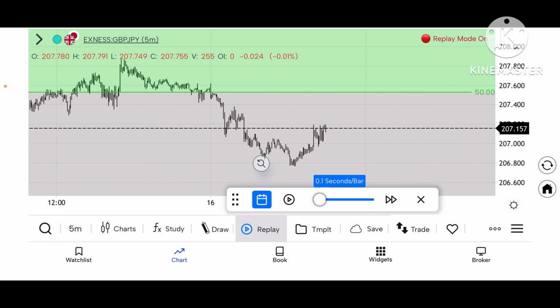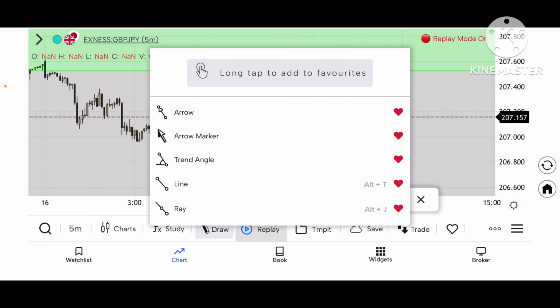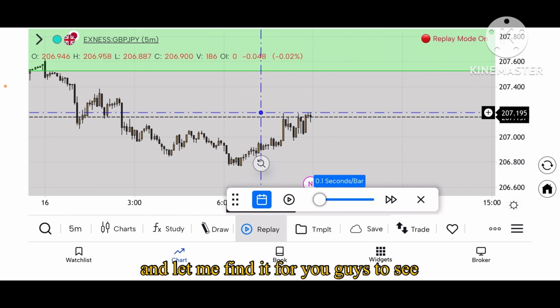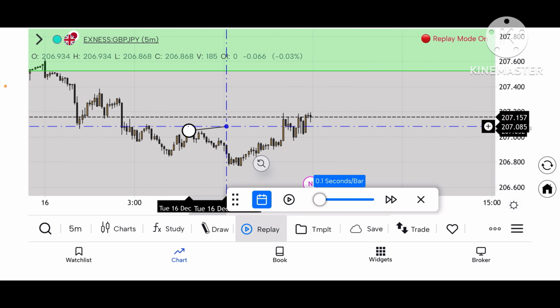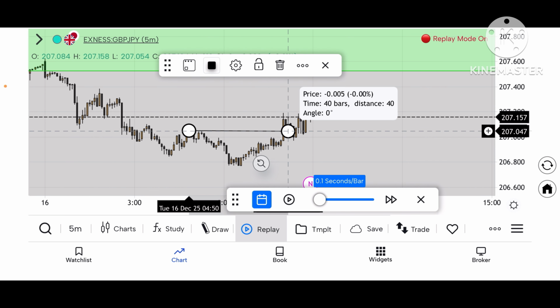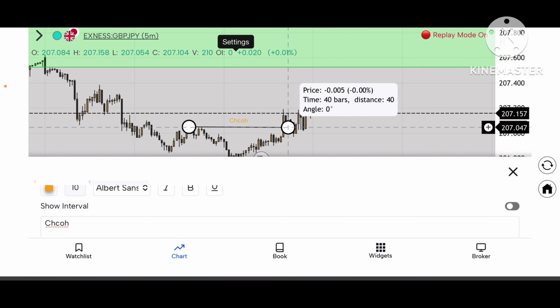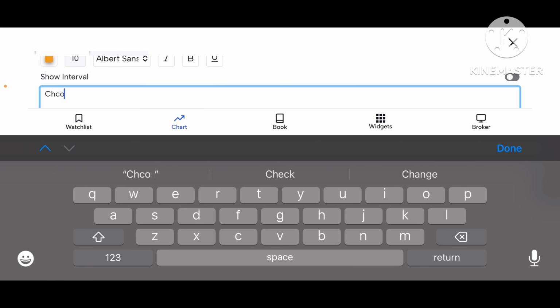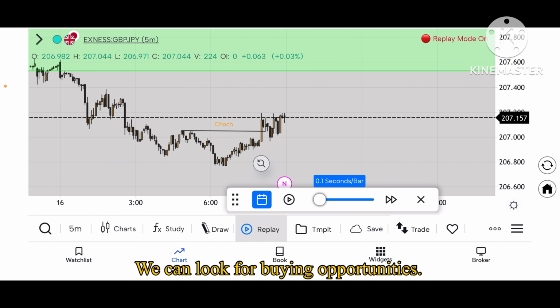So we finally found our change of character here, and let me identify it for you guys to see. Found it here. We can look for buying opportunities.